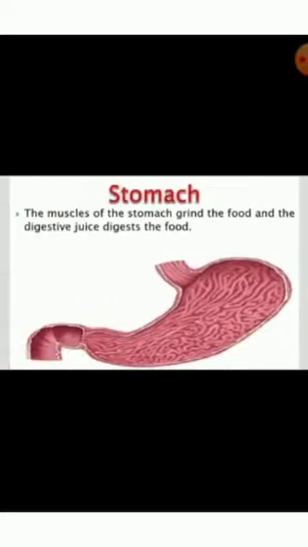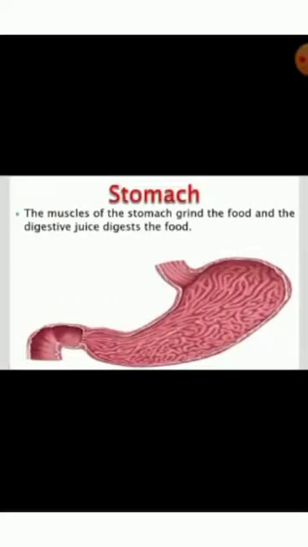Its function is to pump the blood all over the body through blood vessels, and our heart is surrounded by the cage of ribs. Clear? Okay, now come to the stomach.